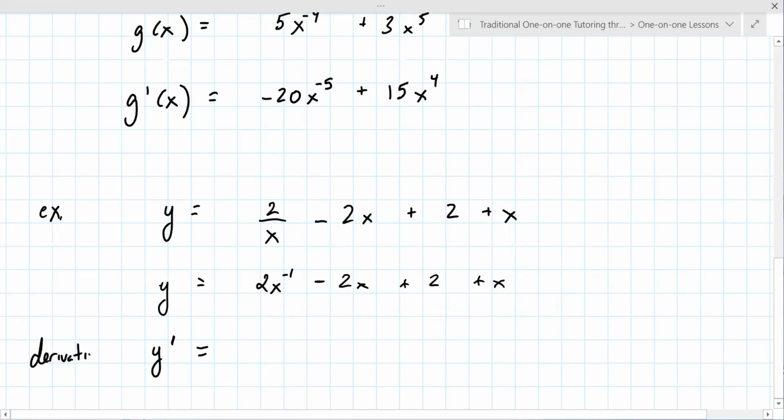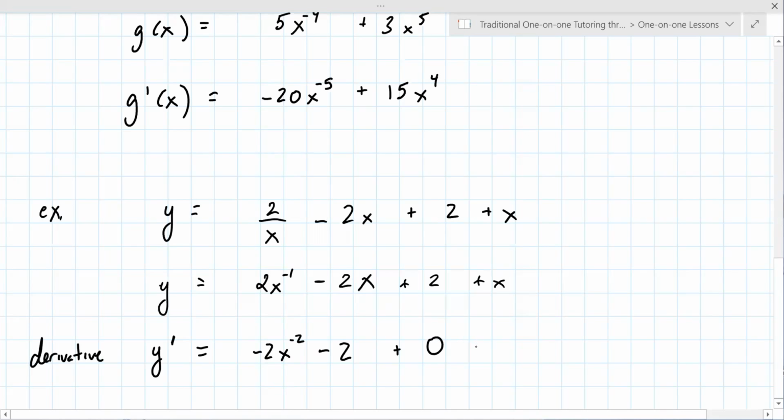It's negative 2x to the negative 2, plus 0.